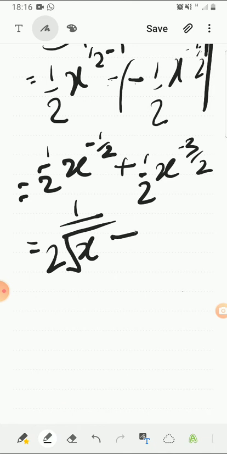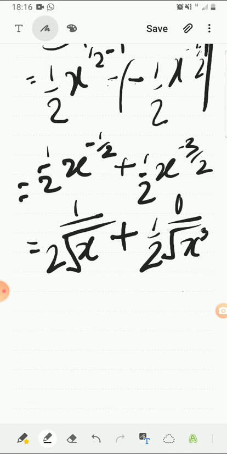Plus, at the same time, this means the cube root of x, and because of the negative sign here, there's a 1 on top of it, so that means this is over 1. Alright, so there you have it as your power.